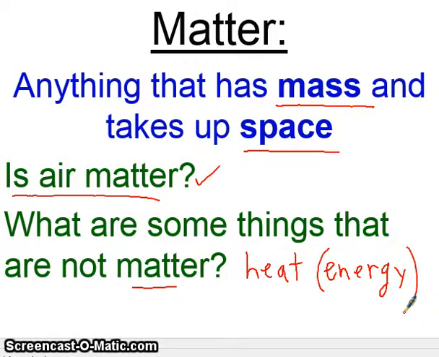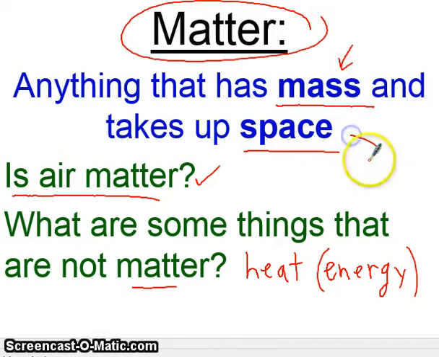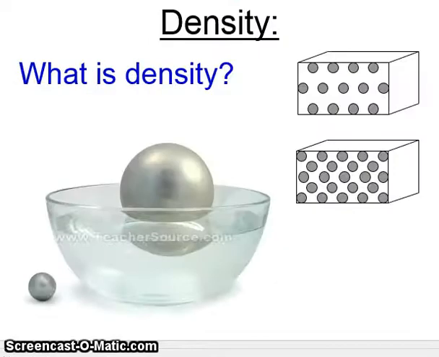So matter is what we'll be discussing, and we'll definitely be discussing these two properties, mass and volume. In fact, we're going to do just that with density. You probably have heard of density, hopefully before, but the question we're going to discuss quickly, and then we'll do some calculations using density, is what is density?